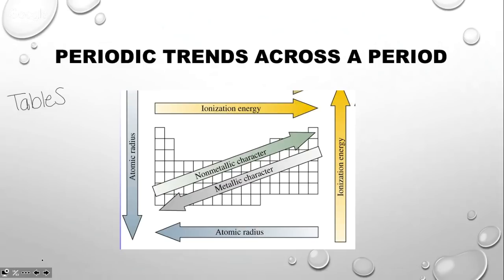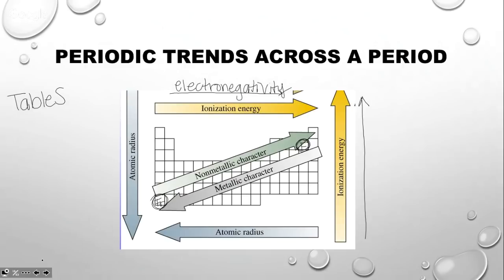When we talk about table S and those trends, ionization energy is going to increase across a period and increase towards the top, and so is electronegativity. Electronegativity follows a similar trend, and we have fluorine here and francium here.